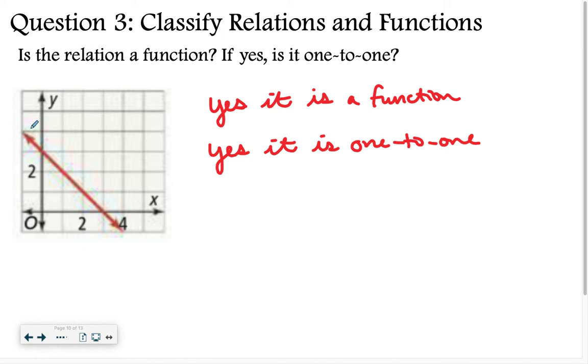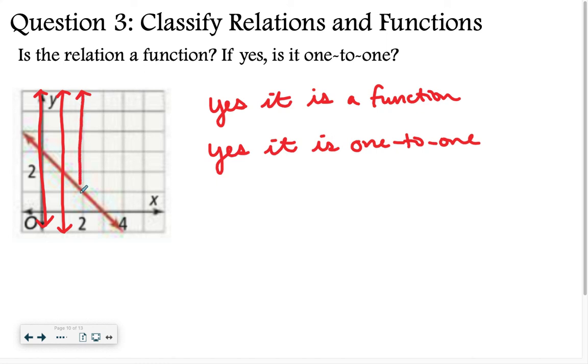Now, something that you learned back in pre-algebra that I will refresh your memory on is, if you're ever given a graph of a relation and you want to know, is it a function, there's something called the vertical line test, meaning if I draw a straight up and down line, it should only ever cross the graph once.